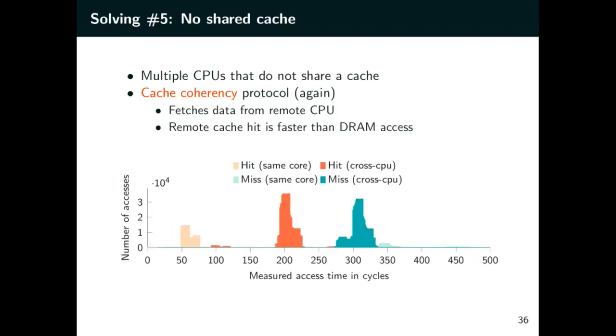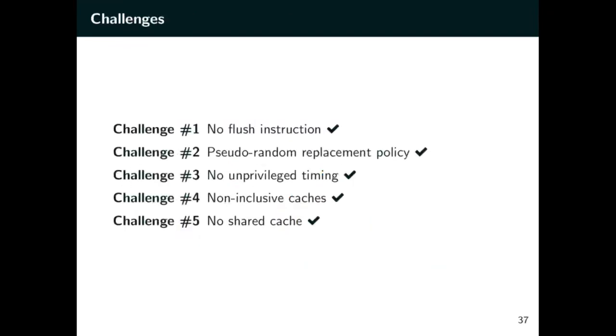And while we see here that it's much slower than a local access, it's still roughly 100 cycles faster than if we have to make an access to the DRAM. And regarding that, for performance reasons, we can exploit the cache coherency protocols which are running all the time. And now we have found a solution for all those challenges.